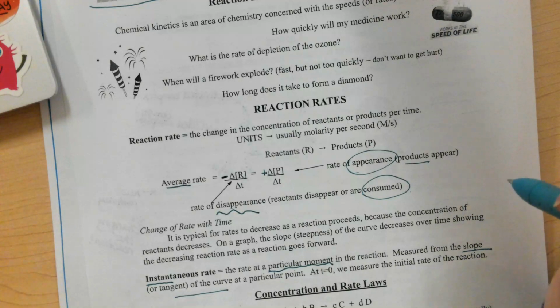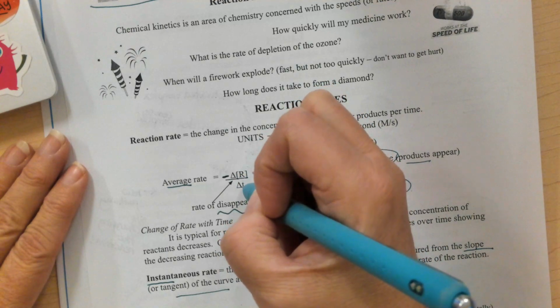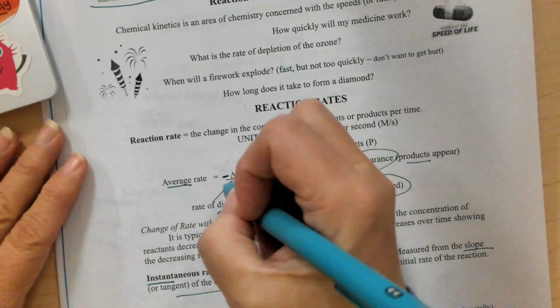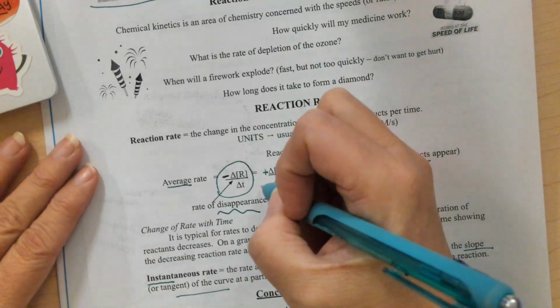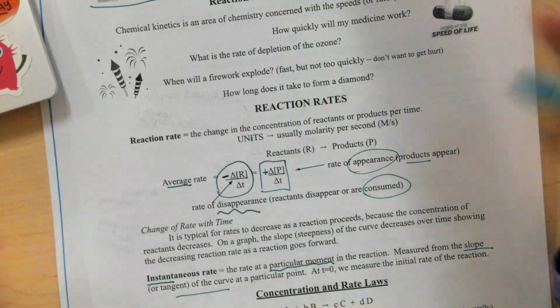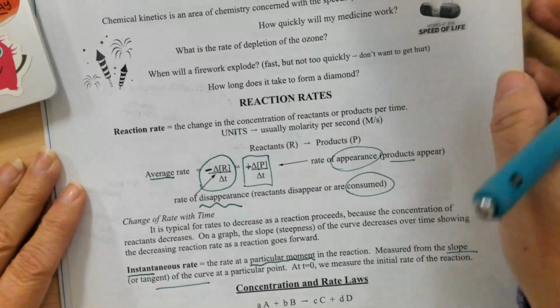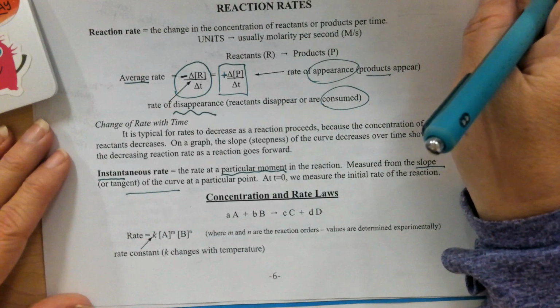So all we have to do is take the change in concentration over the change in time. We may use these independently and just ask what's happening with the rate of the forward reaction with the reactants, or what's happening with the products, or we can relate them and find out all different kinds of things, okay? So we look at the change in rate with time, and like I said, we're going to look at the steepness of the slope. You can tell a lot of things by that and the reaction rate.